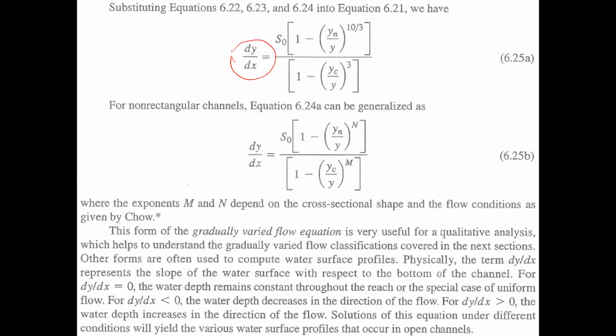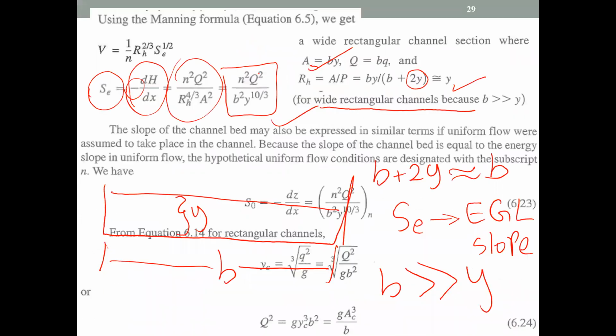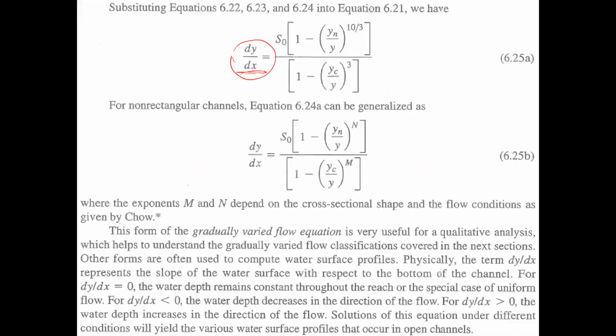Dy by dx. That is how this y changes along the x direction. That comes in terms of S naught, the slope of the channel bed. It comes with the Q, the B and the A. By knowing them, you can calculate how dy by dx changes.